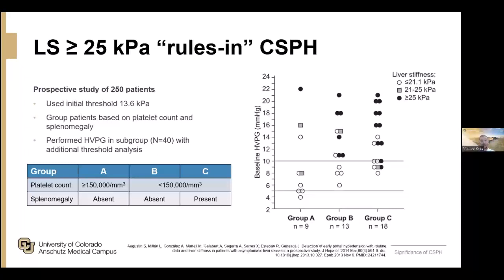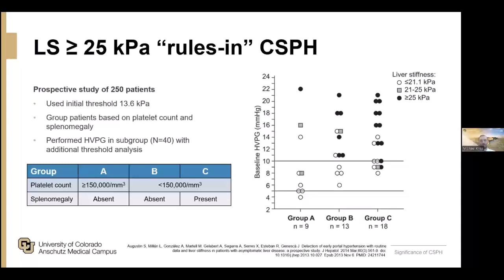First, if you look at the black dots, that's using this higher threshold of 25 kilopascals and applying that to all 3 clinical groups. There's only a single patient that would have technically been missed as not having clinically significant portal hypertension, but in that case, their HVPG was actually 9. So this 25 threshold is actually probably a really reliable rule-in threshold.